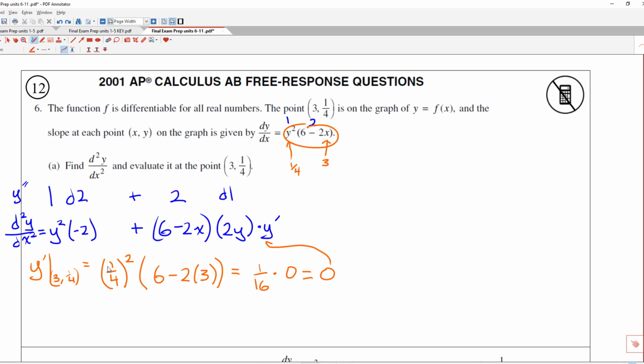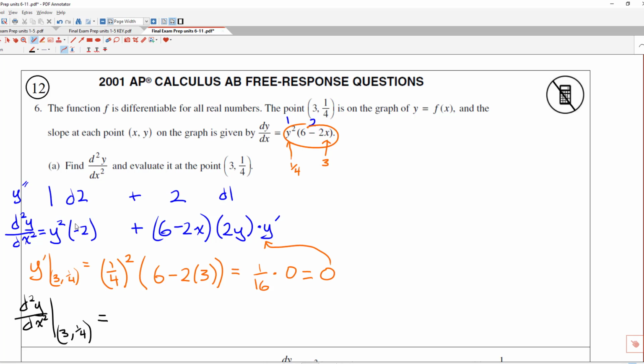Let's change colors again. I see what I did, I should have done that button. Okay, so this is d squared y over dx squared when I'm plugging in the coordinates (3, 1/4).